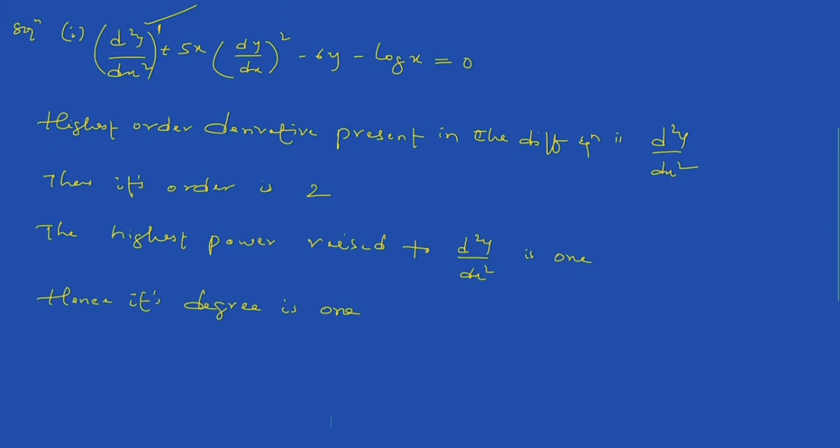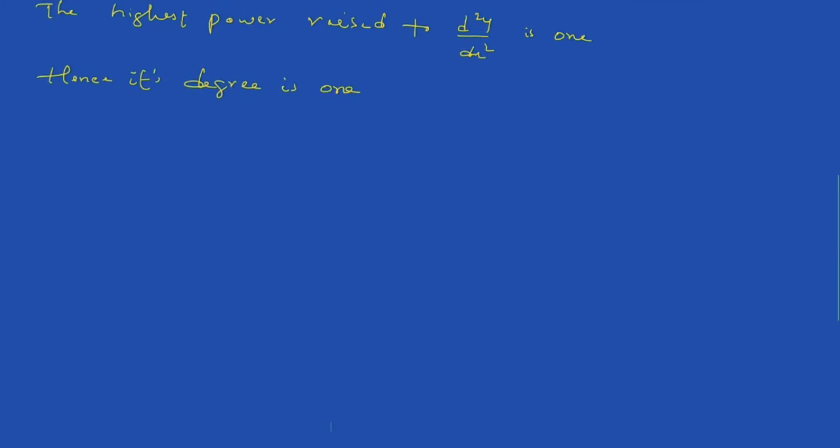Question number 2. The second one: (dy by dx) whole cube minus 4 times (dy by dx) whole square plus 7y, which is equal to sin x, right?